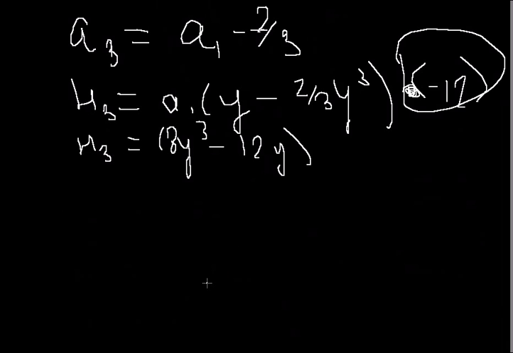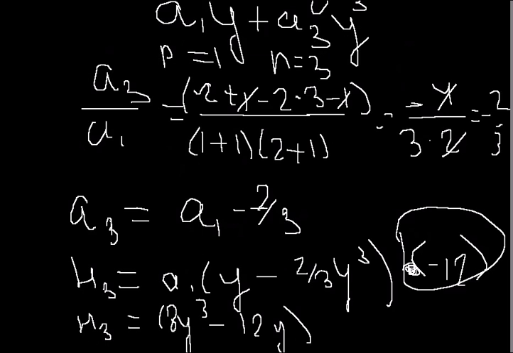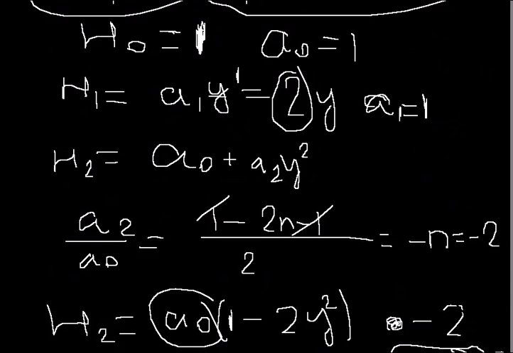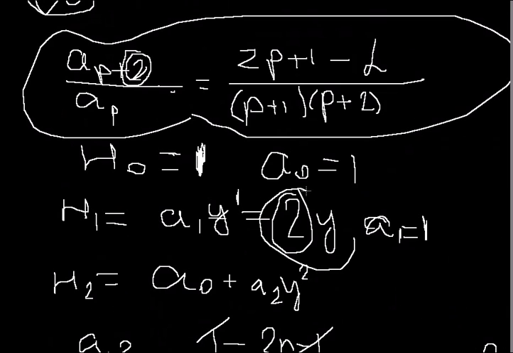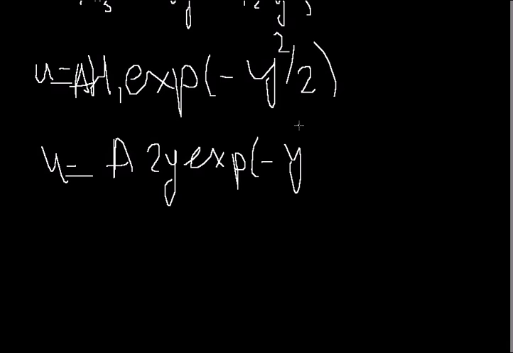And let's make a last step and write our function h1 exponent minus y squared by 2. h1 equals, for example, y, some constants, of course. Normally these can be defined from normalizing conditions, exponents minus y squared by 2.